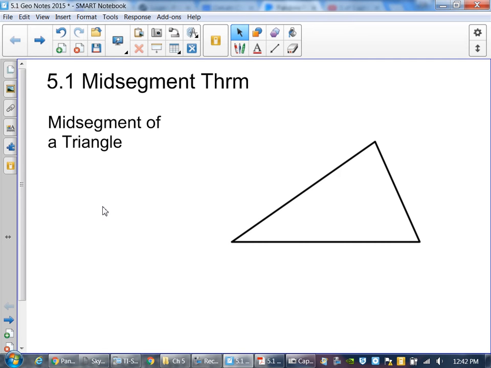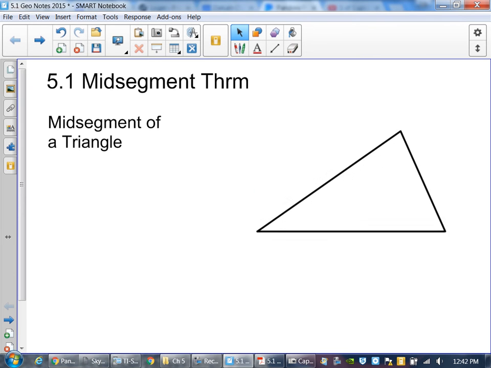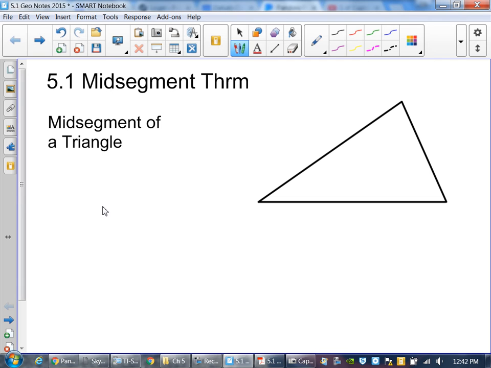Midpoint. Great idea. Mid-segments. This is really straightforward, guys. A mid-segment is a segment in a triangle that connects midpoints.